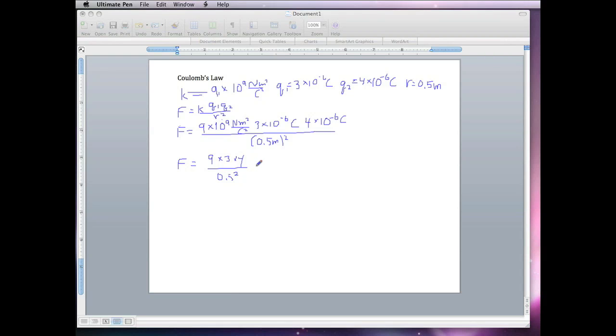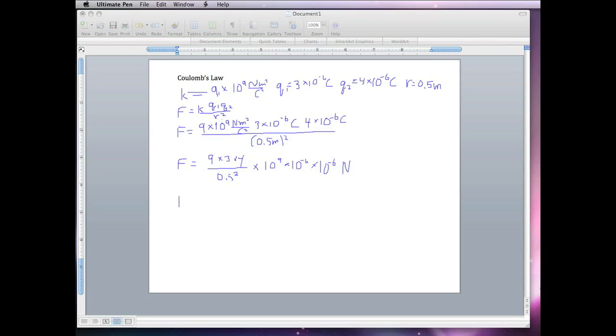And we still need to handle the powers of 10, and we have a 10 to the 9th. We have a 10 to the minus 6th, and another factor of 10 to the minus 6th. Most of the units cancel. What's left is newtons, which are appropriate units for force.